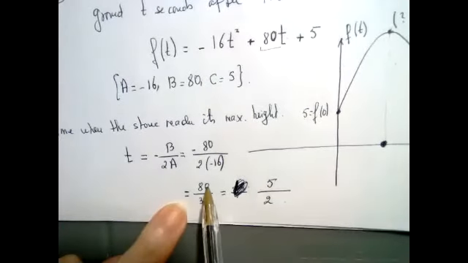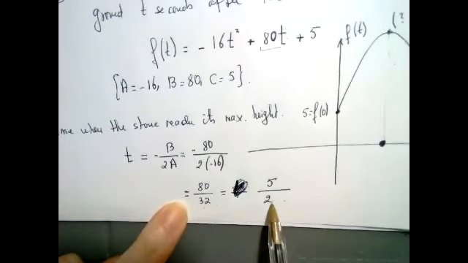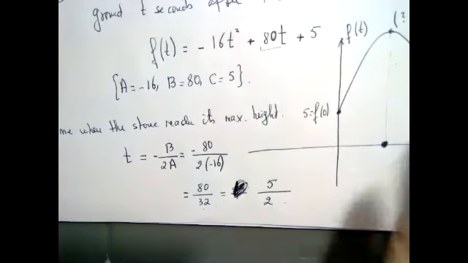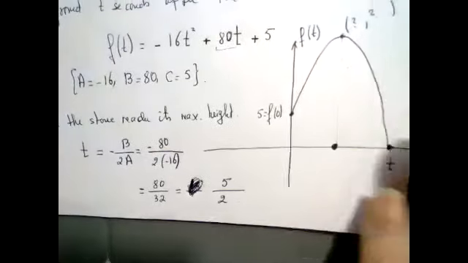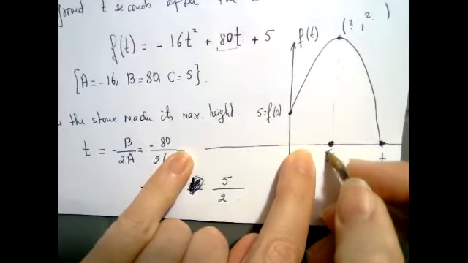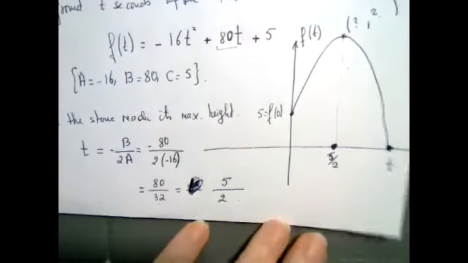Okay, divide by 16, divide by 16, 32 into 16 is a 2, and 80 into 16 gives me a 5. So the stone reached its maximum height after 2 seconds and a half. Okay, that's when it reaches.